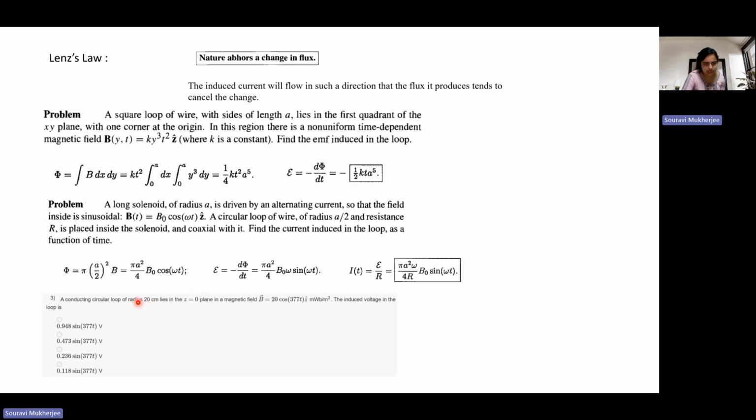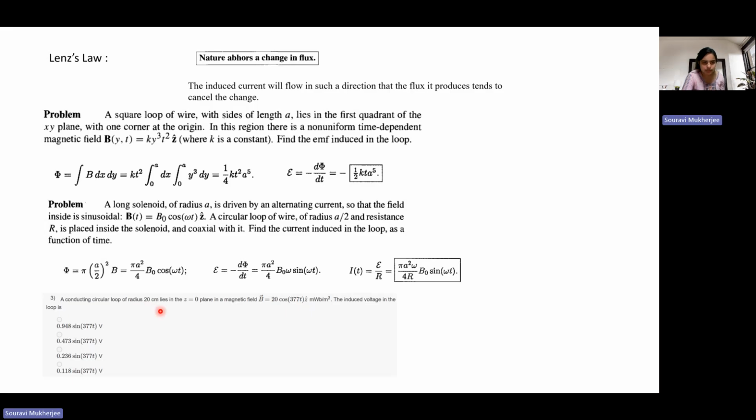Again, here we know the radius, so we know the area that is enclosed. The field is changing. If you compare this expression with the previous question, we find that 20 is equal to B naught, and 377 is omega. Now you can use this relation to find your A; here, A by 2 is nothing but 20.